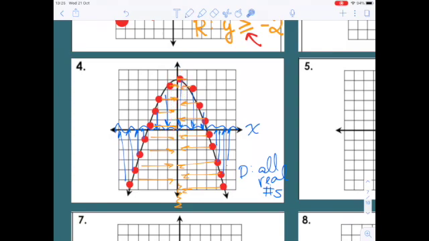We have a point of maximum over here at 1, 2, 3, 4. So this is going to be all the y values below 4. So my range is going to be y is less than or equal to 4, because it is included.